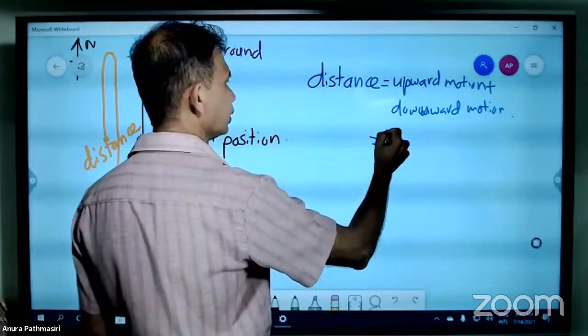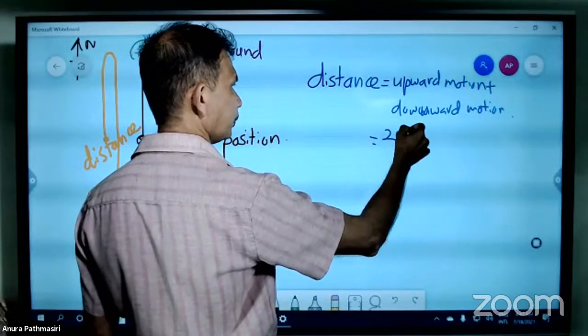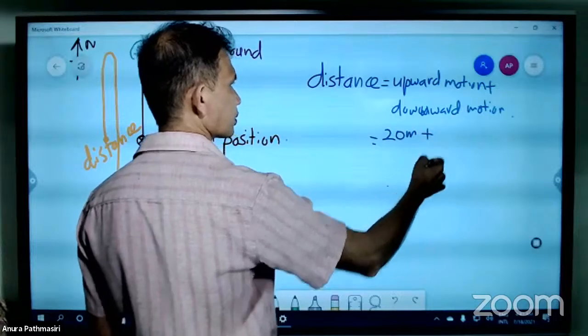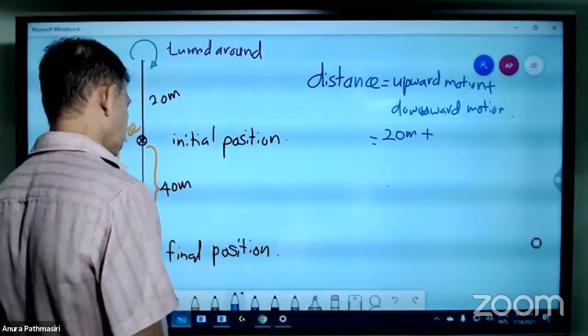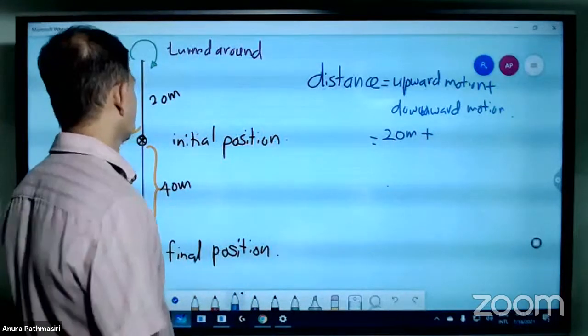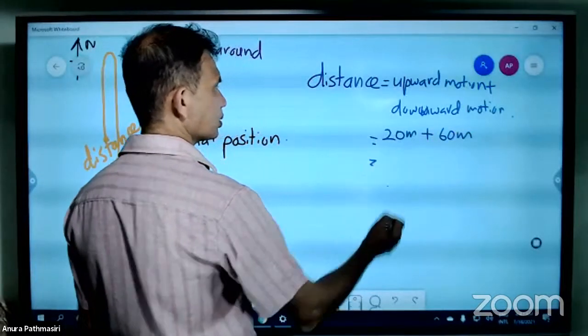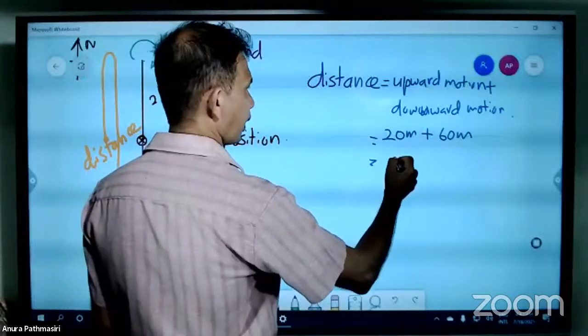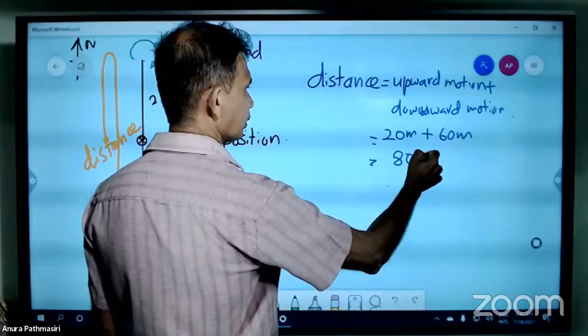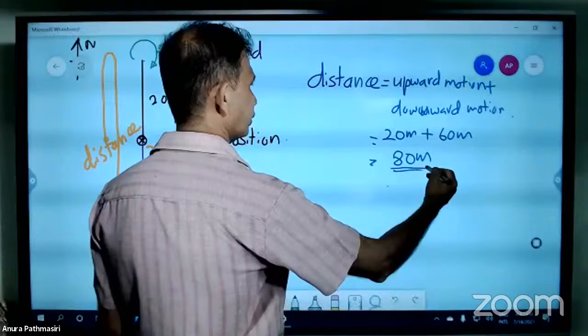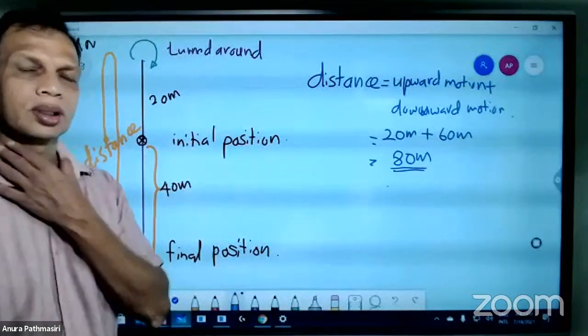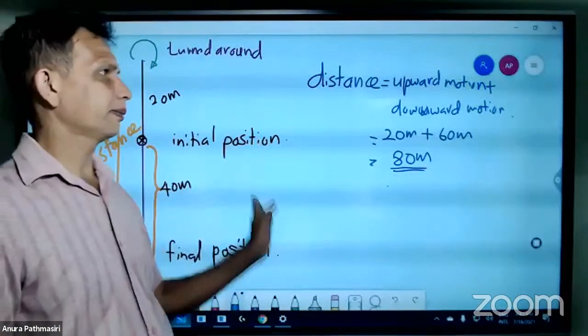So the upward is 20 meters plus downward 60 meters. So its distance is 80 meters. So it traveled 80 meters for the whole journey.